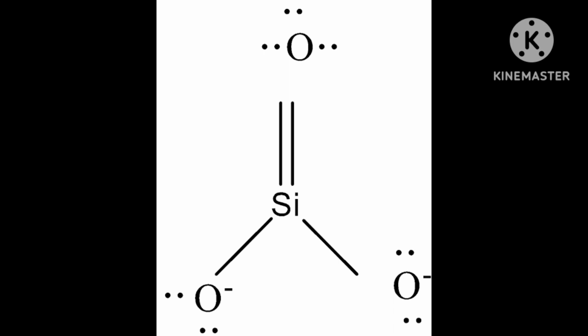The basic structural unit of silicate is SiO4 4-, in which a silicon atom is bonded to 4 oxygen atoms in tetrahedron fashion, with Si in the middle.